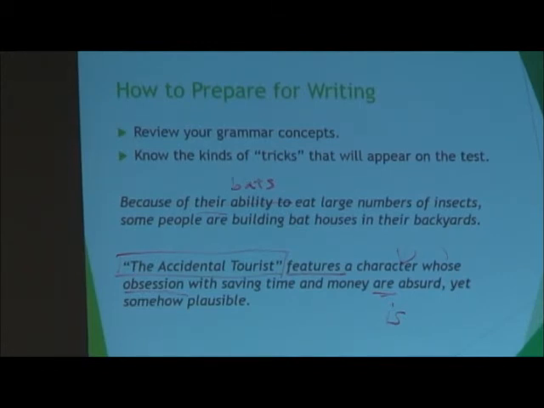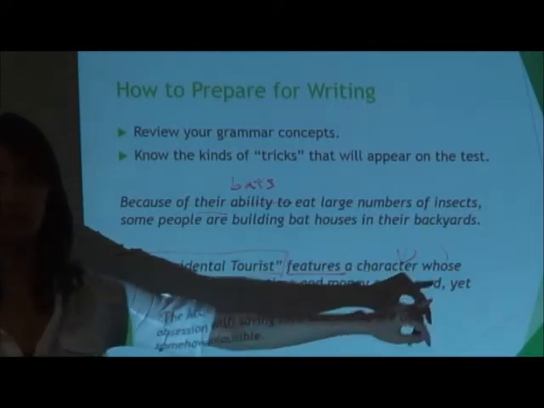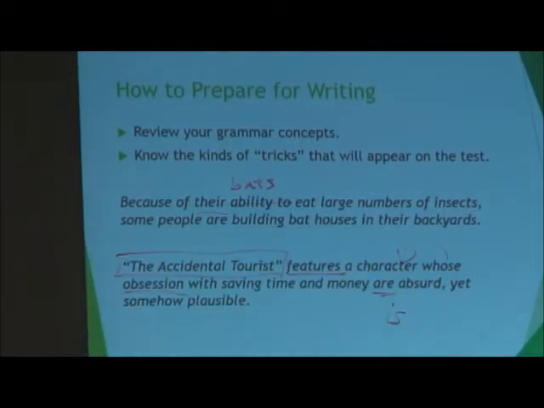But you also want to make sure that the thing it refers to is the right thing. If it was a "when" or a "where" or "that," it's wrong. If I said The Accidental Tourist features a character that thinks saving money is absurd, that's still wrong, because a person, a character, cannot be a "that," it's a "who."